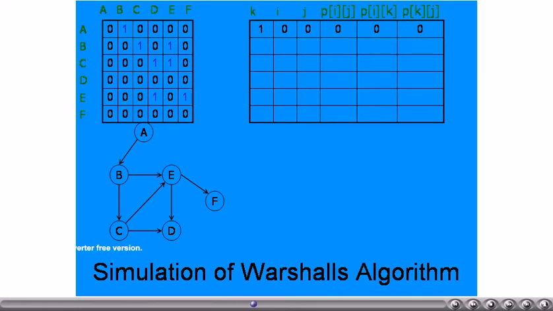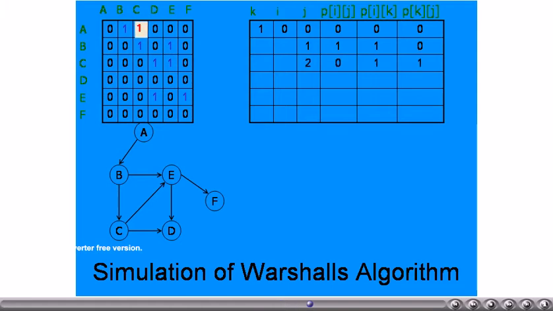There will not be any change for k value of 0. Now consider k value is 1, i is 0, j value is 1, pij is 0, pik is 1, pkj is also 0. So there is no change in pij.